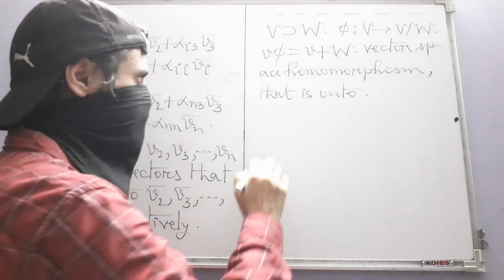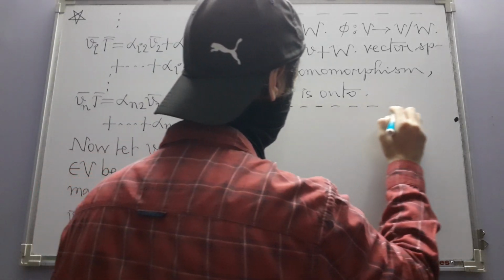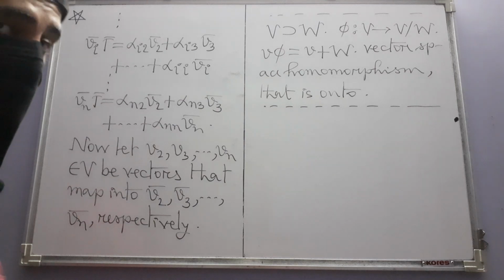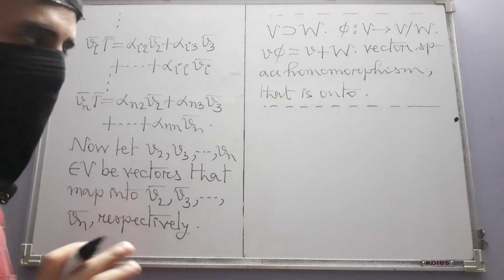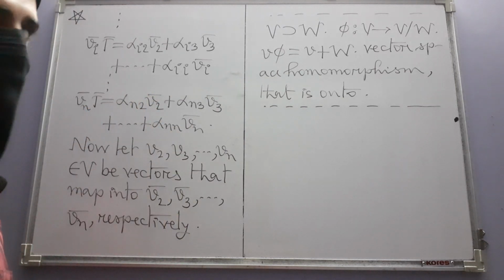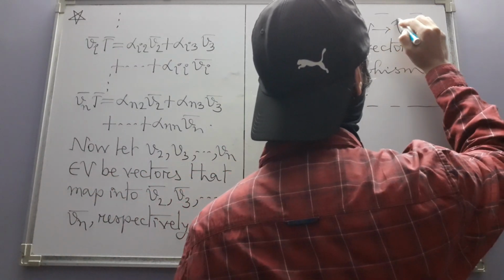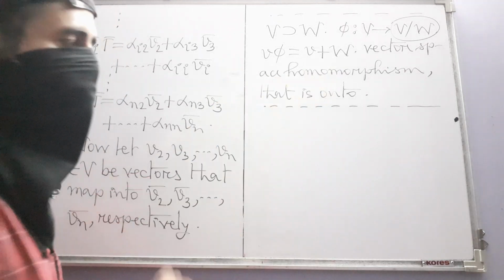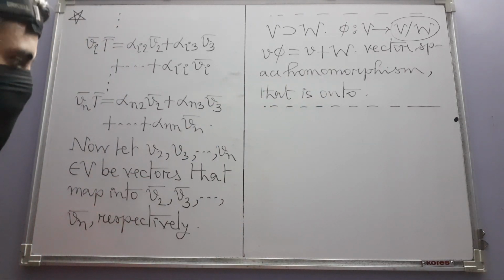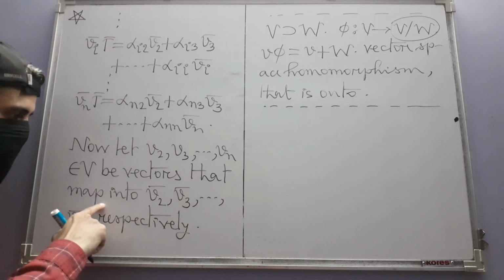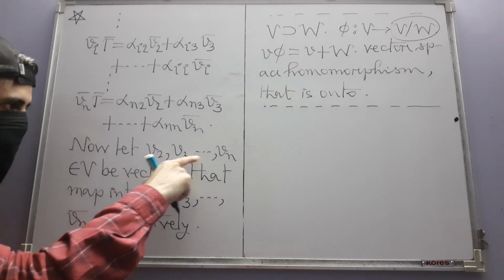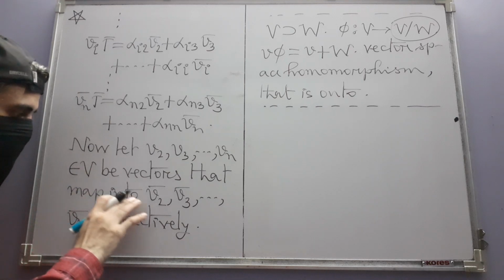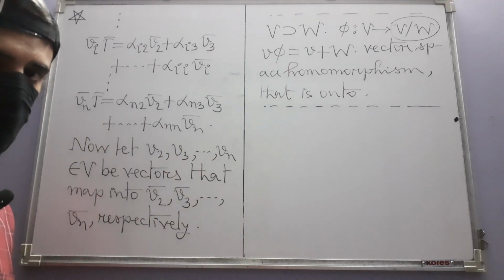If I am remembering the names correctly, this is called the first homomorphism theorem, not the first isomorphism theorem, the first homomorphism theorem. This tells us that this quotient is a homomorphic image of V. It is in this sense that we are saying let V2, V3, etc. be vectors in V that map into these things.